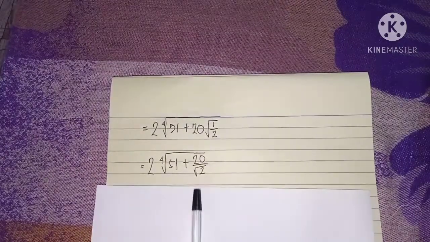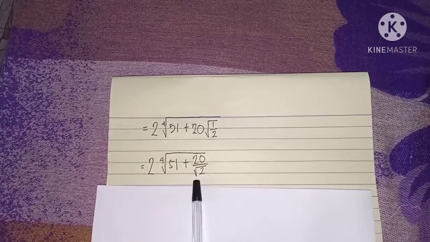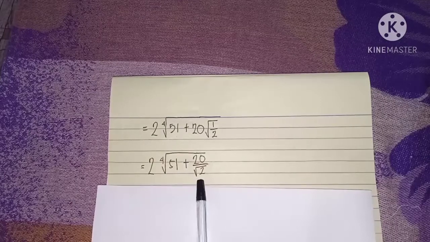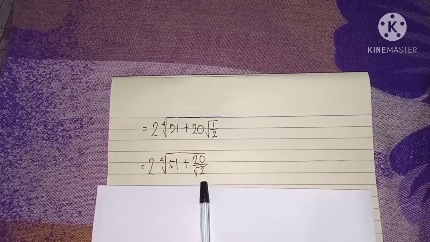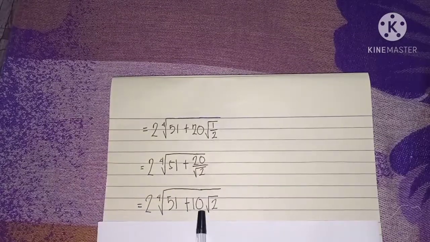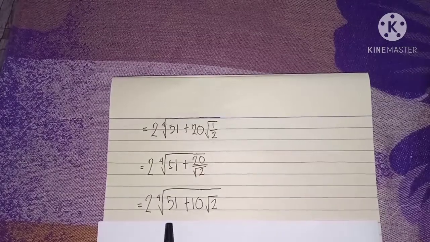And we have to rationalize this by multiplying square root of 2, both numerator and denominator. So here's the result: 10 square root of 2, and we will just rewrite the rest.